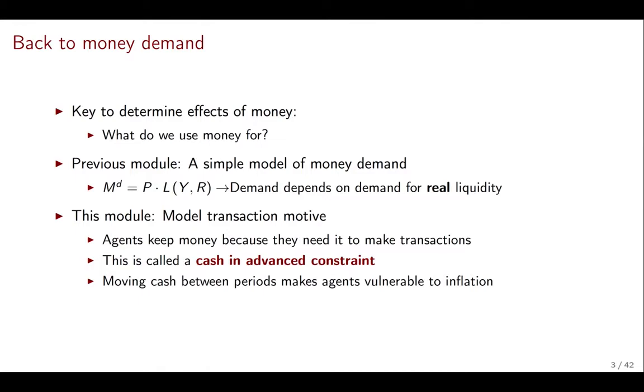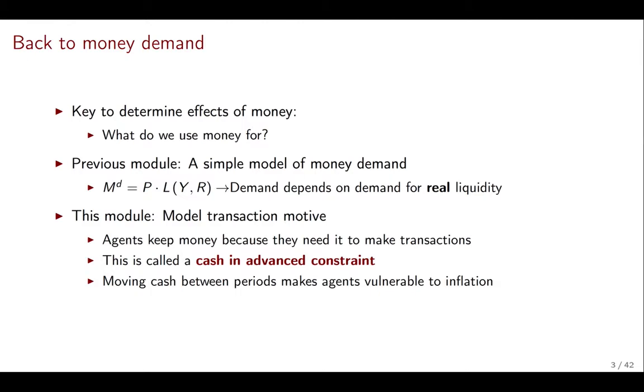In this module, instead of having this more abstract view, we're going to explicitly incorporate the transaction motive for having money. So in this model, agents keep money because they need to make transactions. That's the reason agents hold money in the model. And we're going to call that a cash in advance constraint.